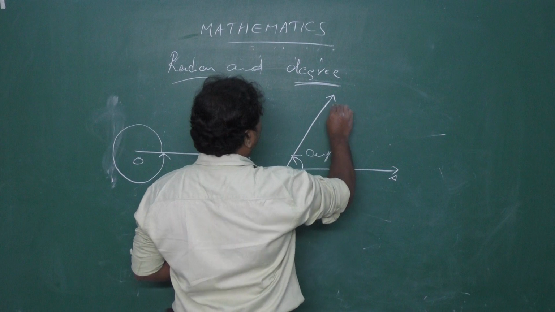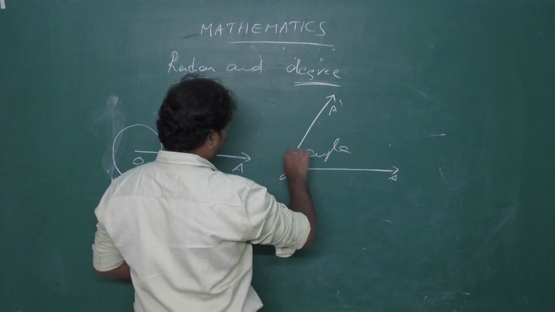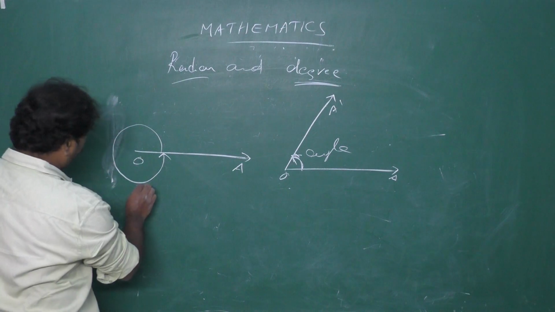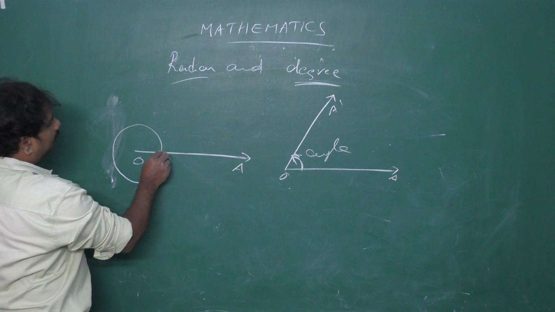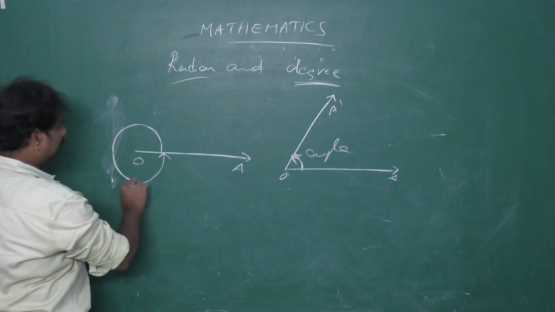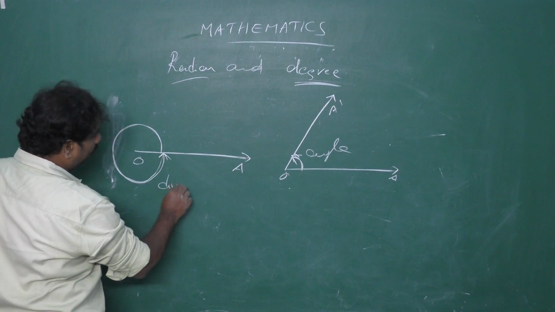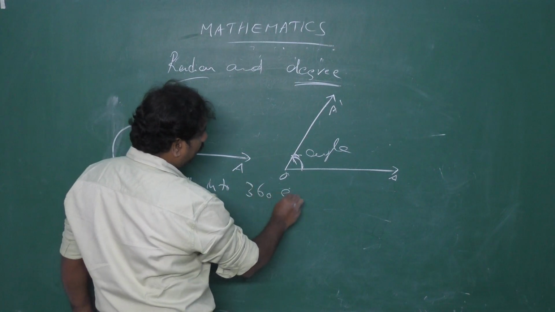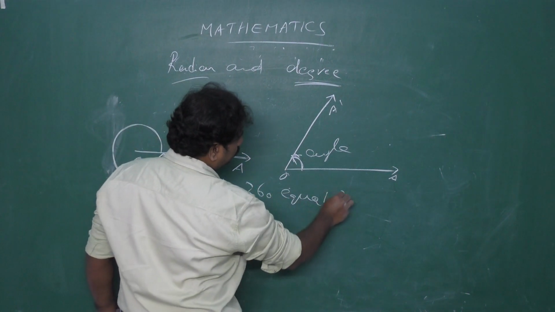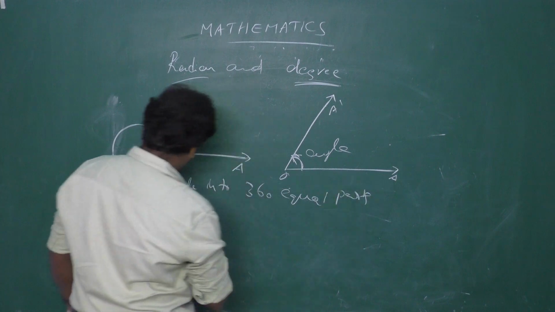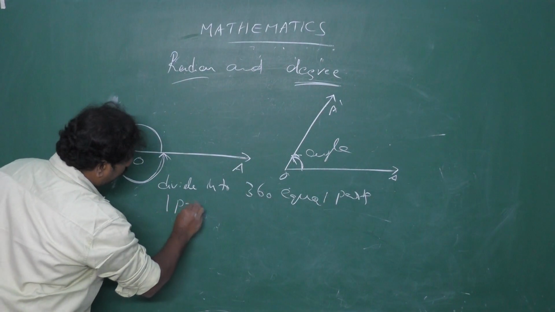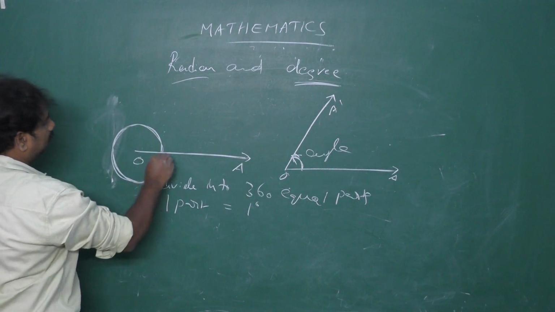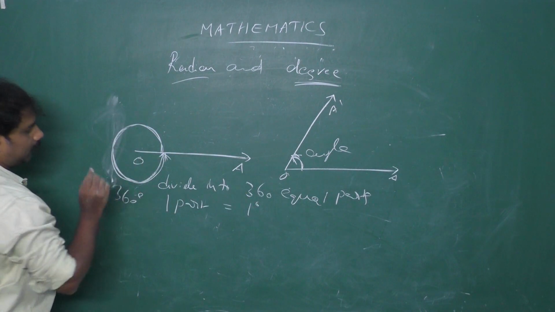In the same way, if a ray completes one revolution, they take this complete distance and divide it into 360 equal parts, and that one part is 1 degree. That means this is 360 degrees.